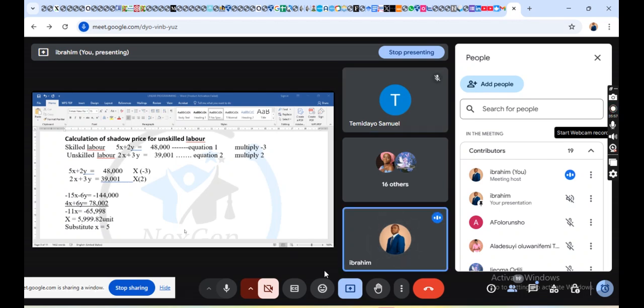Please, you will lose marks if you think that way. In linear programming, you can produce a fraction. I've said it several times, even in the introduction of linear programming. Under the limiting factor, you can produce a fraction. You can approximate.